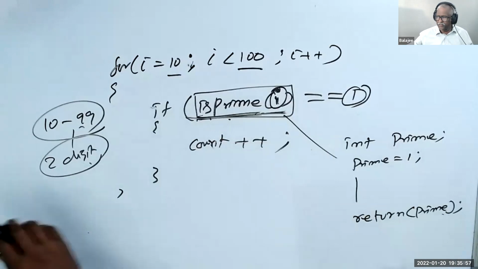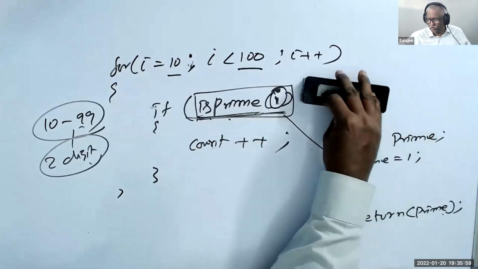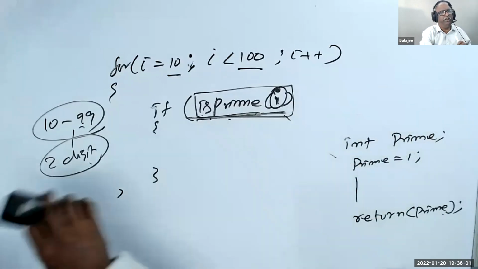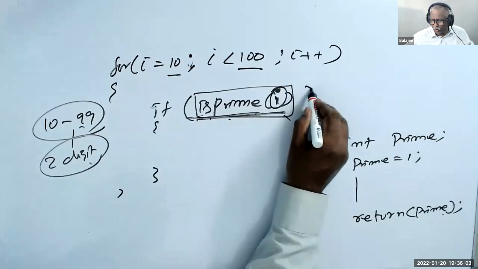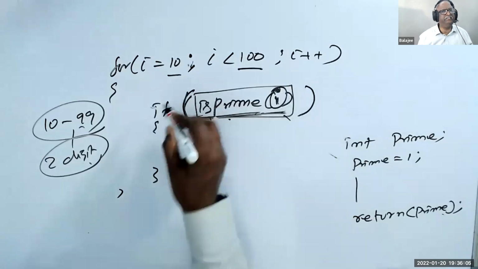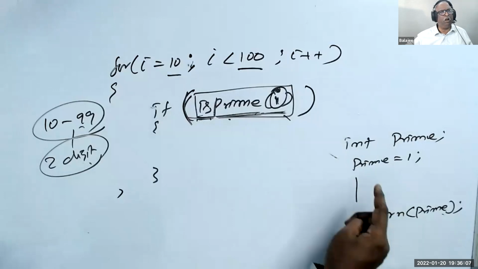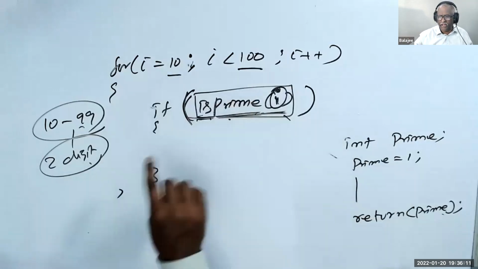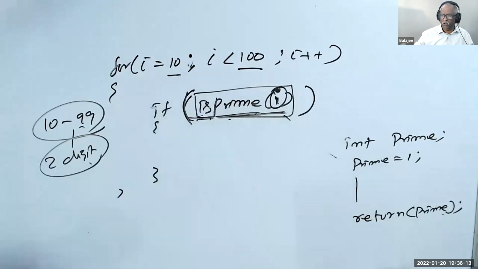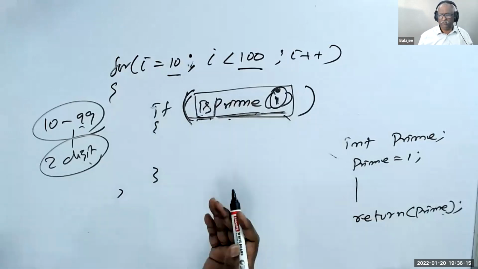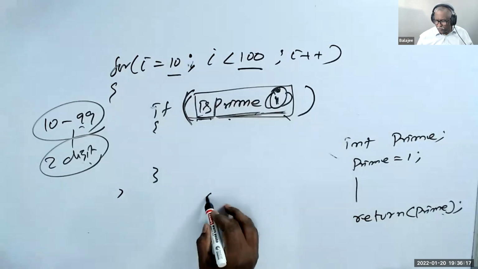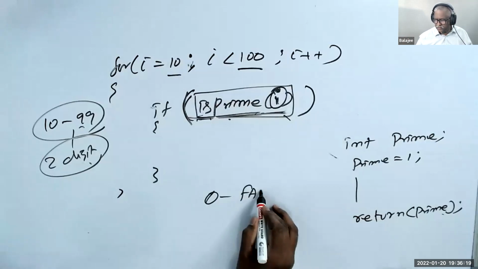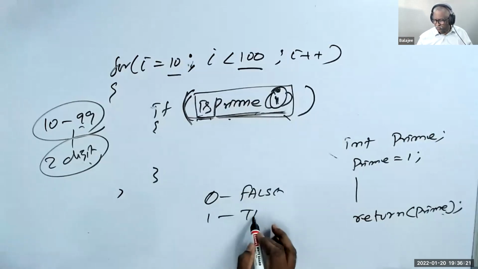Actually, to be frank, I've written it this way to not confuse you, but we don't even write that equal to 1. The reason is, if it is not prime, it is going to return 0. Prime means he's going to return 1. As per the if condition, whatever value you return, if it is 0 it means false, 1 means true. That is what C does.